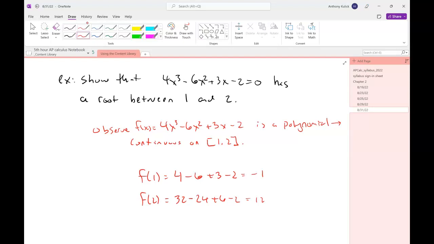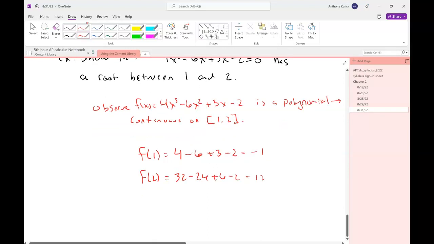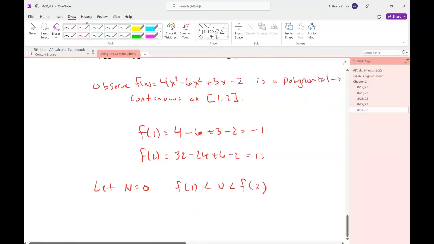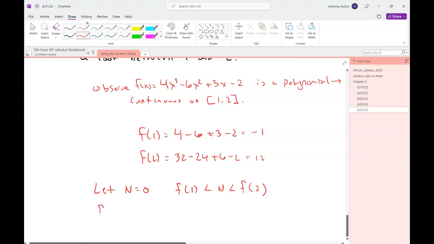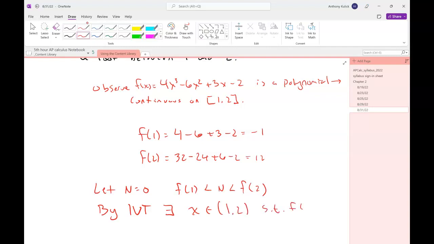Everybody still doing okay? And I know that, let n equal 0, f of 1 is less than n, which is less than f of 2. So by the intermediate value theorem, there exists an x in [1, 2] such that f of c is equal to 0.